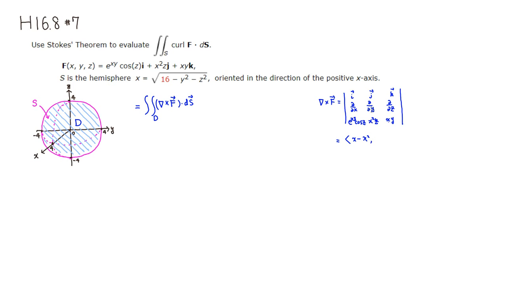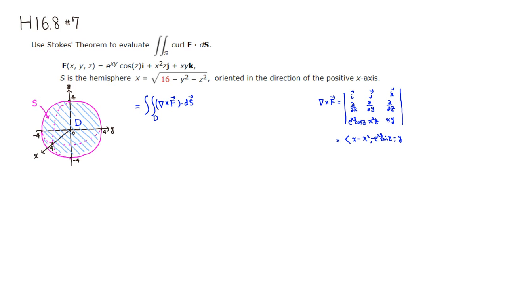The second component is partial of this guy with respect to z, e to the xy just a number, partial derivative of cosine of z with respect to z would be negative sine of z, then minus partial of xy with respect to x, so it's going to be minus y.